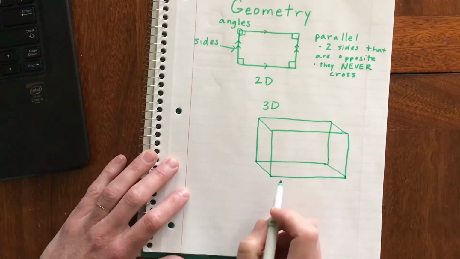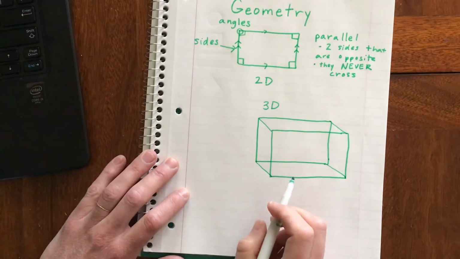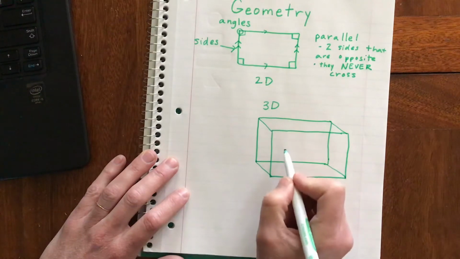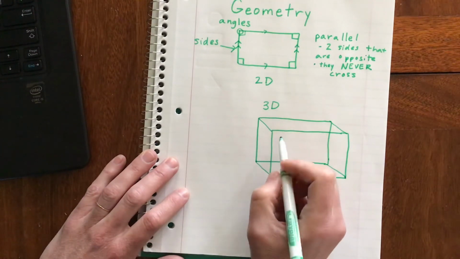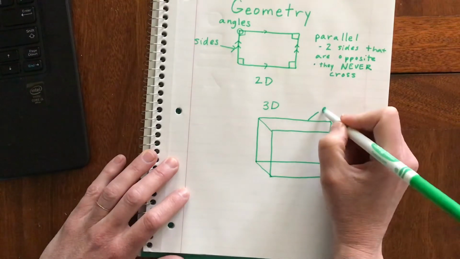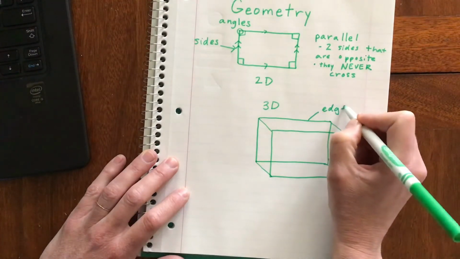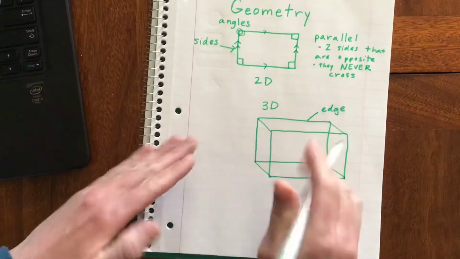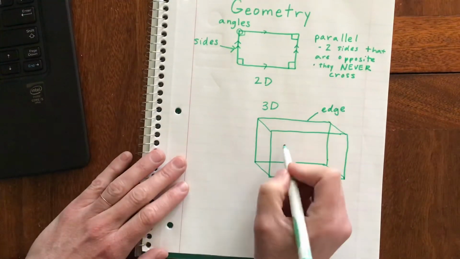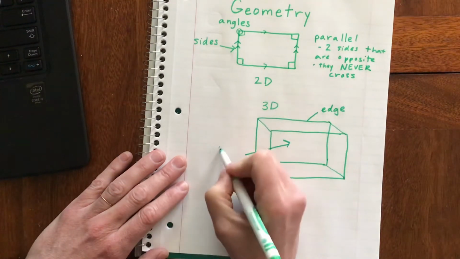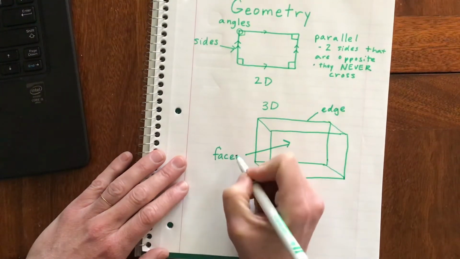All right, now 3D shapes have some other vocabulary words. This right here is an edge. It's kind of where the faces come together, which brings me up to each side of it has a face, just like you have a face.